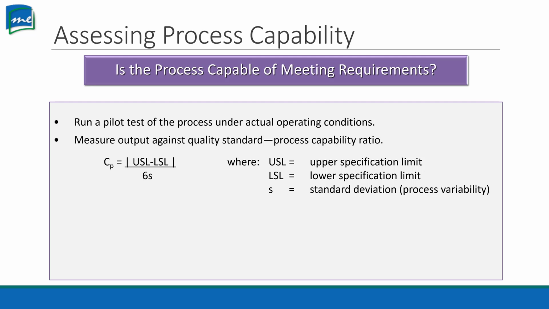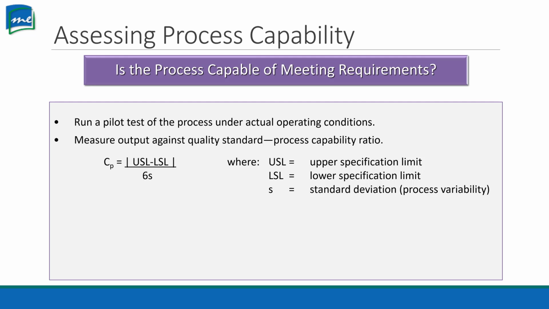So it's our capability. So we have Cp equals, and it's the absolute value, since we have the bars. Absolute value of our upper specification limit minus our lower specification limit. And then we divide that by 6 standard deviations, or 6 sigma.